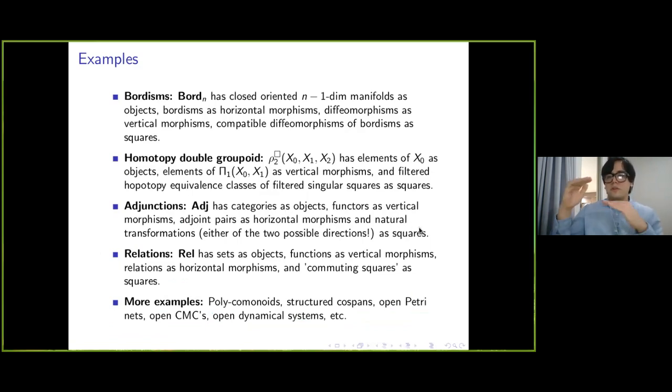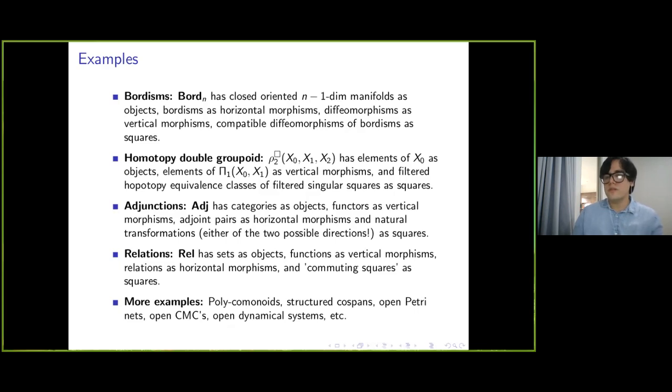So if you have an adjoint pair, you can compose them with the vertical morphisms reading from left to right or from right to left. And in my opinion, one of the most beautiful results in mathematics in general is that the choice is irrelevant. Through the calculus of mates of Professor Street, the two double categories are the same, or isomorphic. So this is a very important double category.